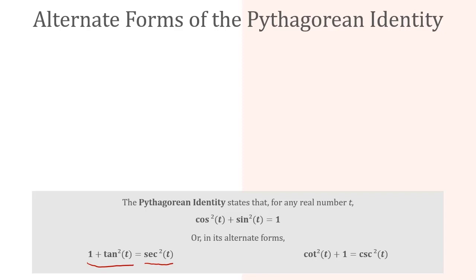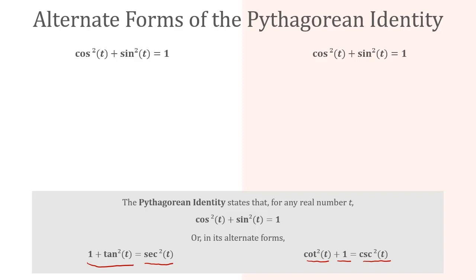Or cotangent squared t plus 1 is equal to cosecant squared t. That's a lot to try and memorize, so I want to encourage you to know that you don't have to memorize it. Instead, I'd like to show you how we can derive those alternate forms ourselves. Let's start at the top with the original Pythagorean identity, and let me show you how you can get those alternate forms.